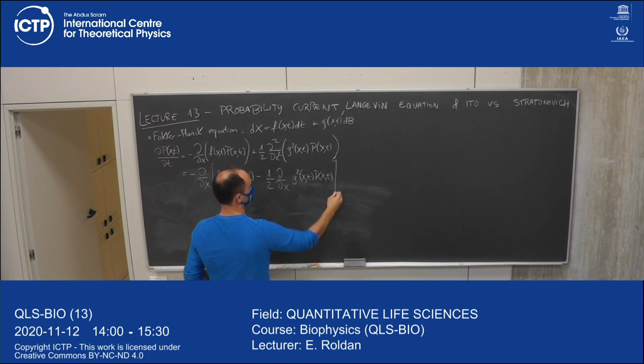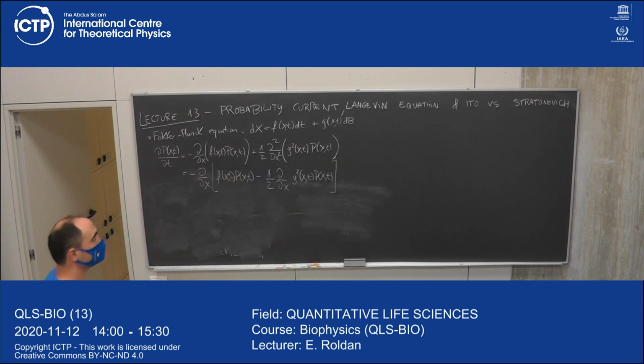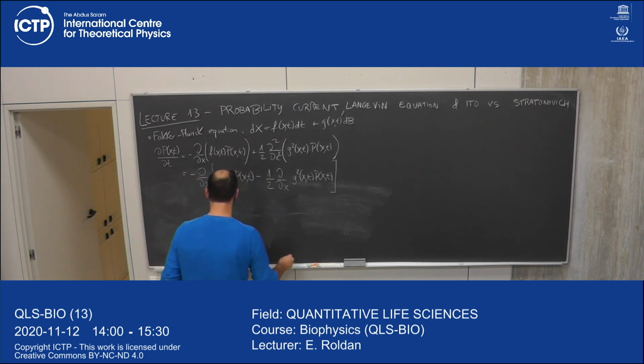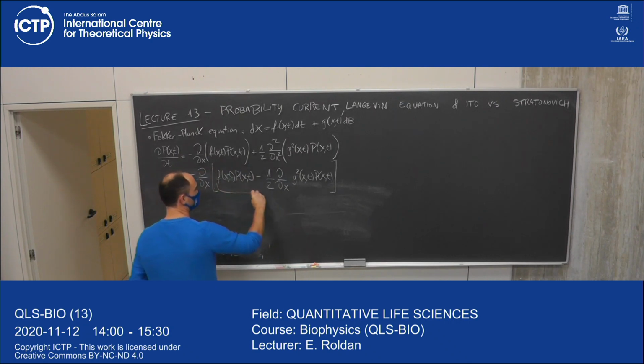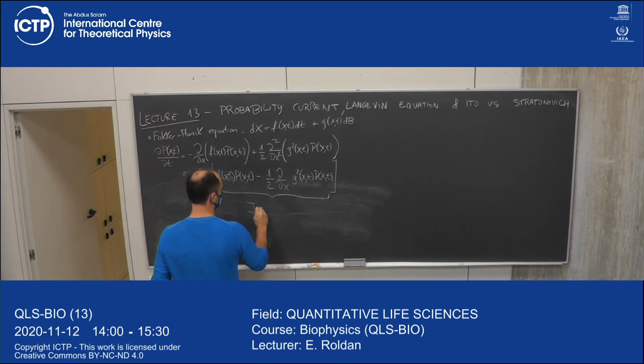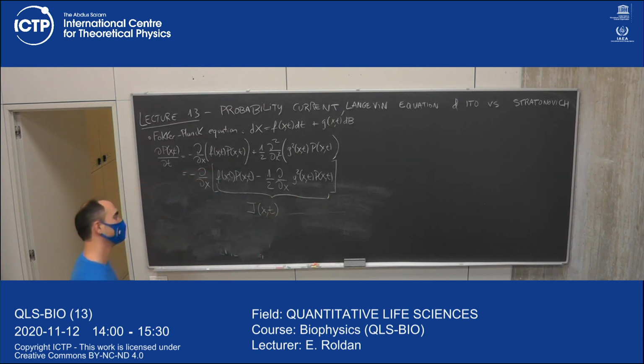Okay, again, now the only thing I did was I pulled out the derivative, right? Nothing else than that. And this quantity that you see in the brackets is what is called the probability current. This is called the J(x,t), time-dependent current.